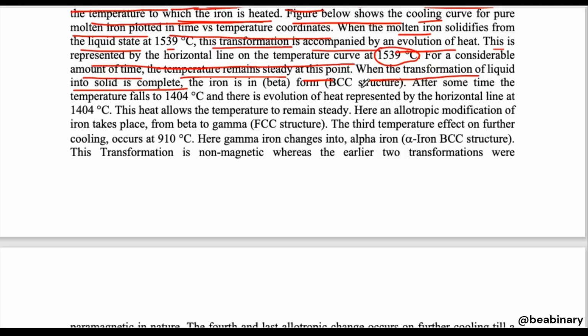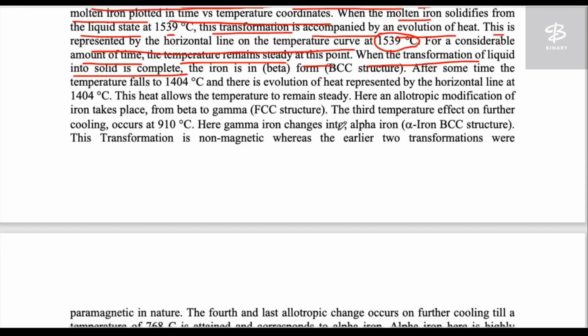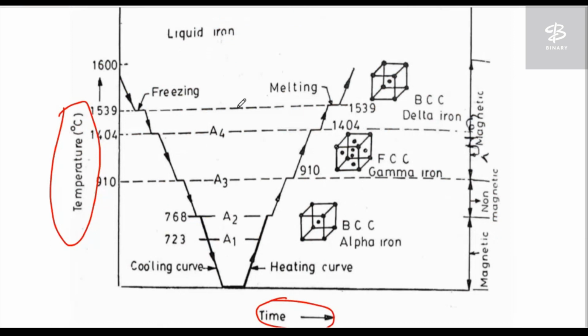So first you are at 1539 degrees C. It is the temperature of the melting point. It means if you reduce the temperature of the molten iron, then it will start changing into solid. So the phase change will occur, and as soon as the phase change occurs, you have a constant temperature. That's why it has this constant line, as you can see. Temperature is not changing here till here, right?